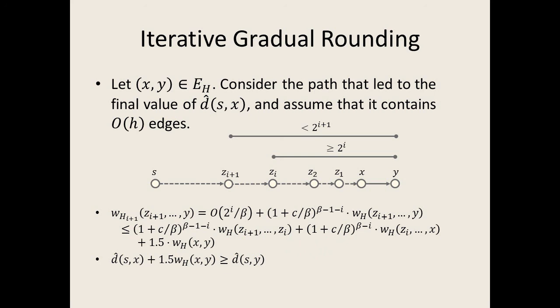As we also multiply the weight in each iteration by another such factor, the estimation for x must be at least the weight of this shortcut plus all these terms. And so we get that this inequality must hold.